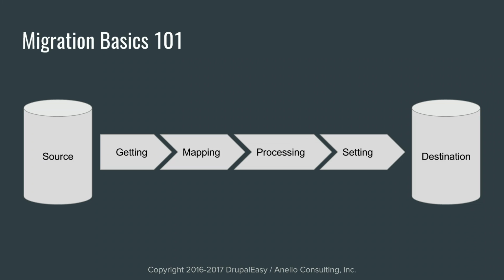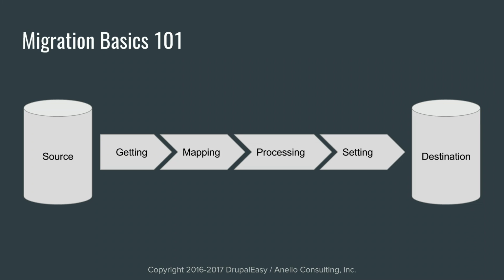On the other end, you're going to have some code that knows how to set stuff. So you're going to have some code that knows how to take some data and create a Drupal node. Take some data, create a Drupal term. Take some data, create a Drupal user. All right? So this knows how to get, that knows how to set.